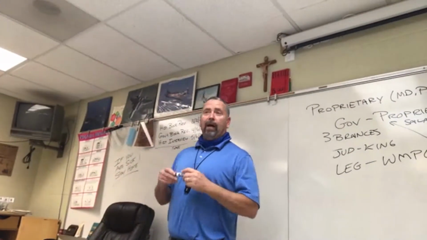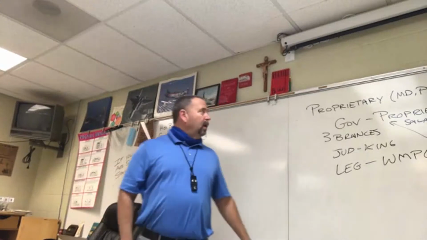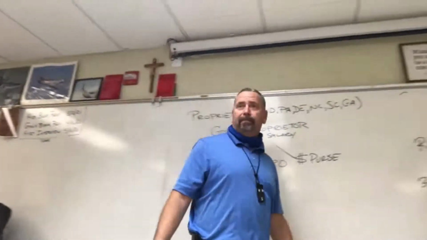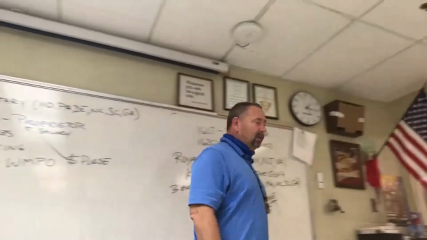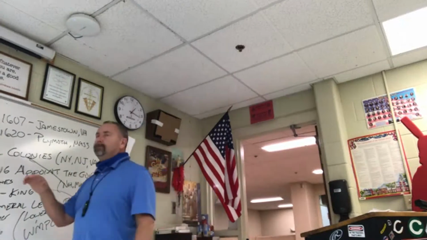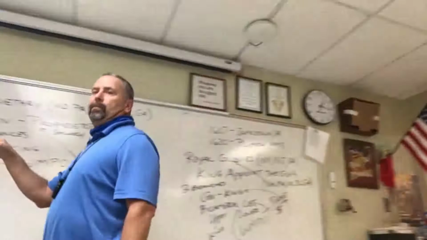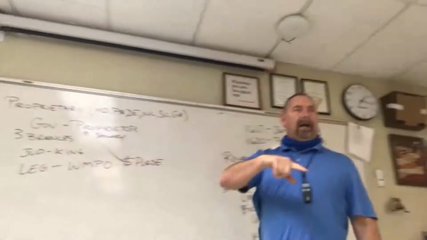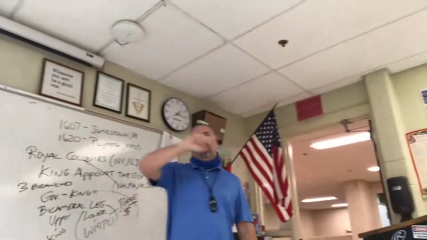Now, here's something to think about, guys. In 1700, let's say, pick a year, right? If you wanted to get a message from Pennsylvania to London and get a response and it comes back, how long does it take for a message to go there and come back?